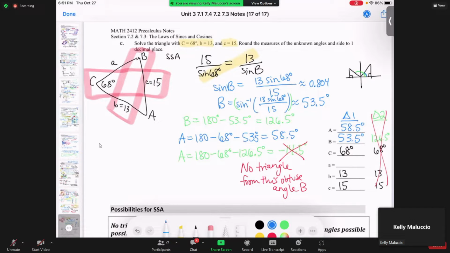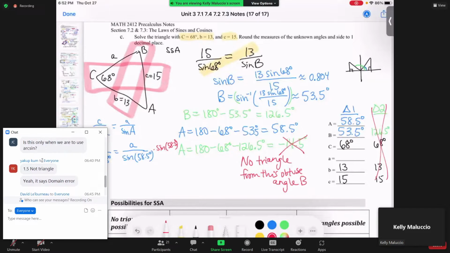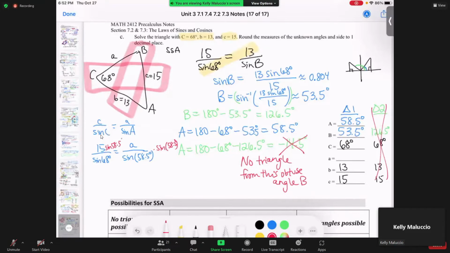You should still check it, but now all we have to do is find little a. And so to do that, I'm going to again use my little c over sine big C and a over sine big A. So I'm going to say 15 over sine of 68 degrees equals little a over sine of 58.5 degrees. Then all you have to do is multiply both sides by sine 58.5 degrees.